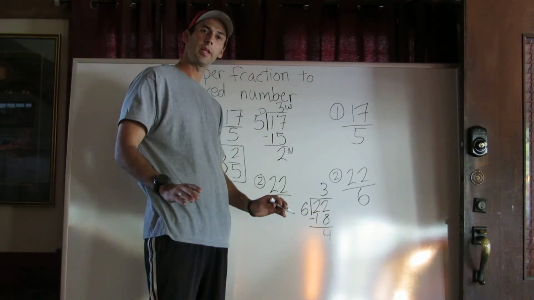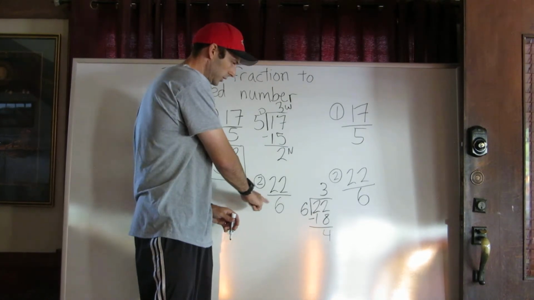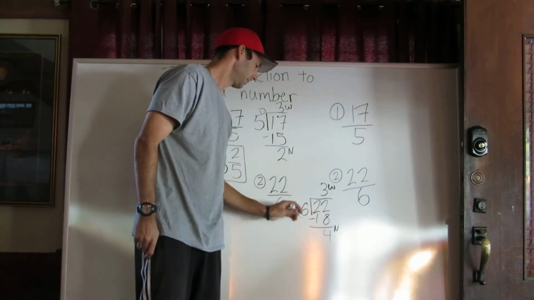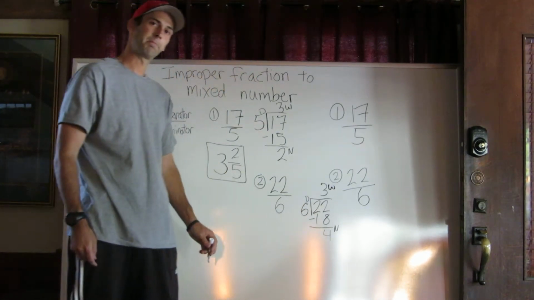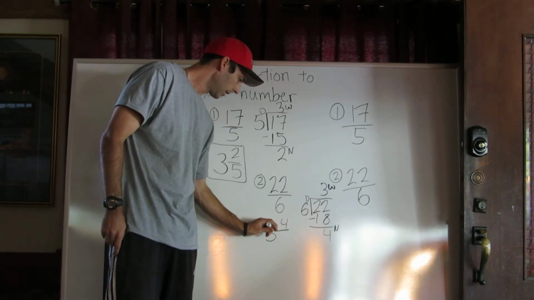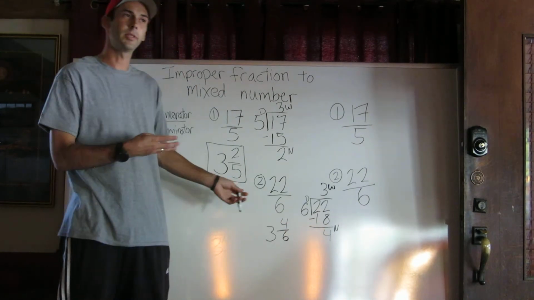We now have everything we need for our improper fraction to a mixed number. Whole number, numerator, denominator. 3, and 4, 6. And there's your answer.